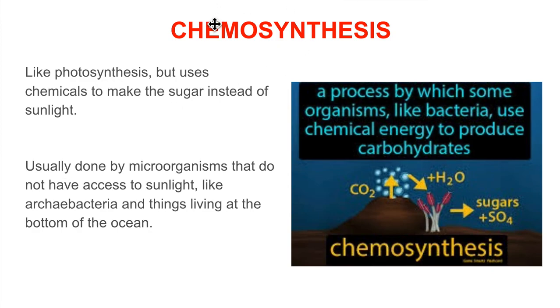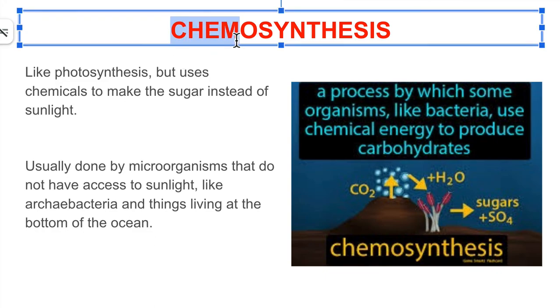And then our last word is chemosynthesis. Now you guys know what photosynthesis is. It's making that glucose using sunlight as the energy source. Well, not all living things have access to sunlight, so some living things have developed a way to produce glucose through something called chemosynthesis, or it uses chemicals to make that energy.